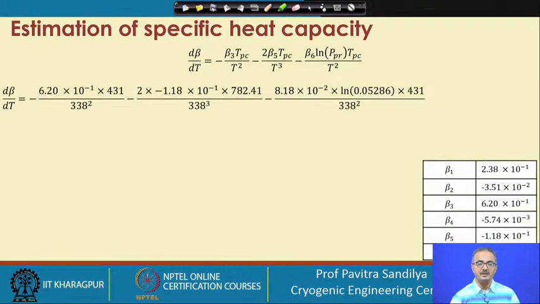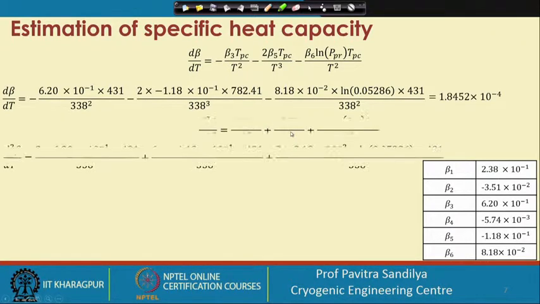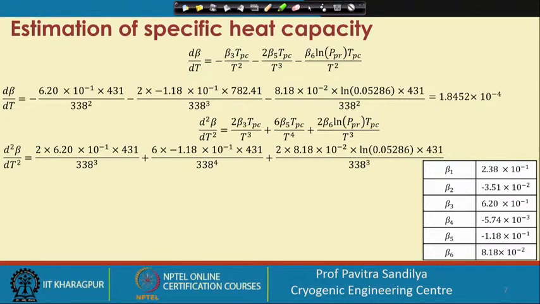And here we have this expression d beta by dt, and this d beta by dt is given by this expression, and we make use of this table given here to find out the values of these various parameters beta 3, beta 5, beta 6, etc. And we get the value of the various derivatives of the beta with respect to temperature as this.